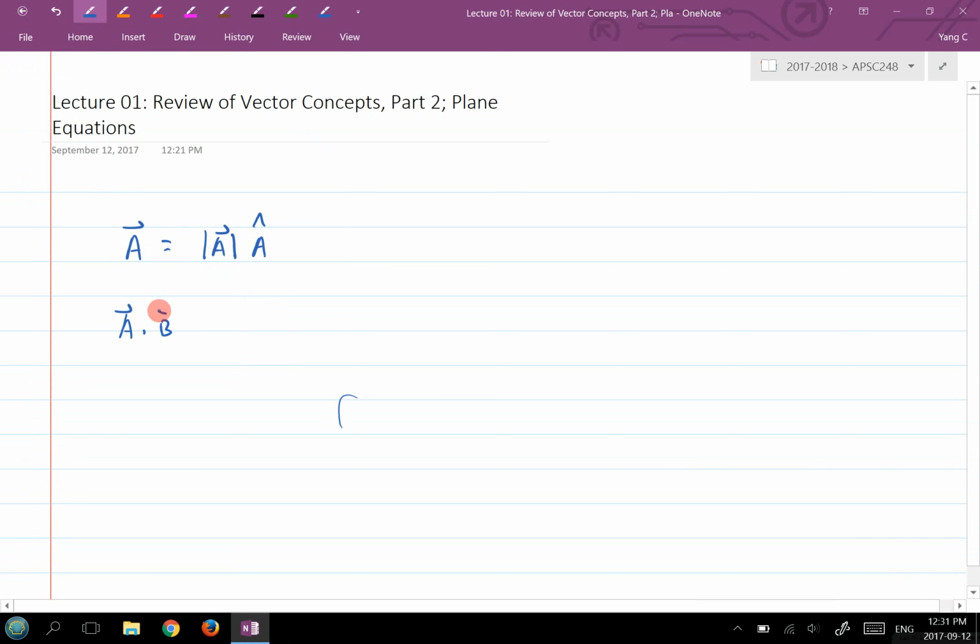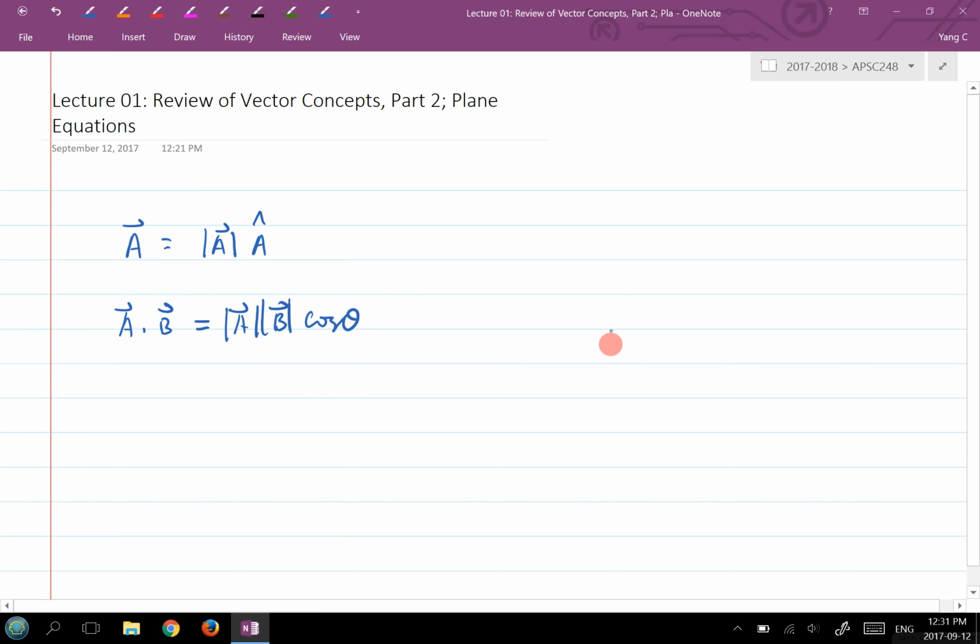There are two different ways of looking at it. One is purely its mathematical definition, and the other is related to its geometric relationship. The other thing we looked at is the idea of vector projection.